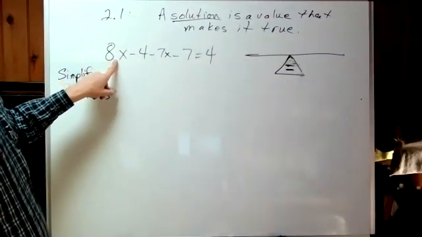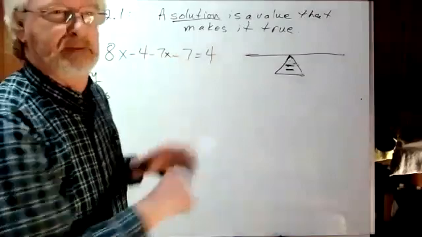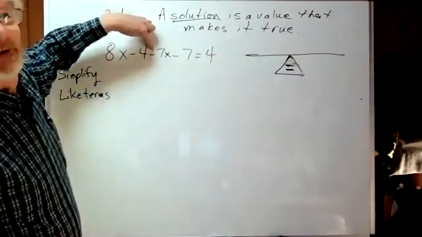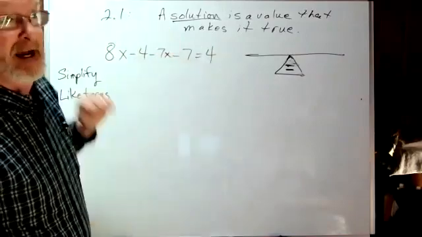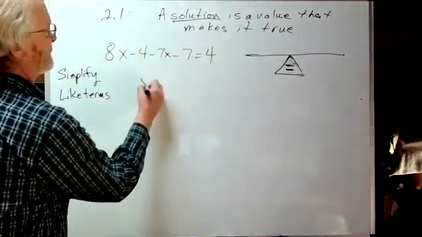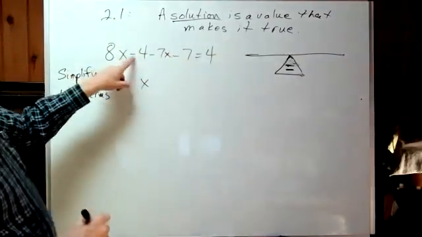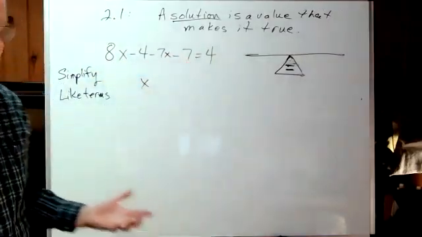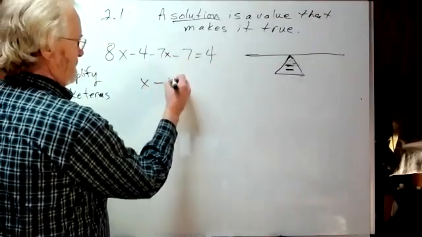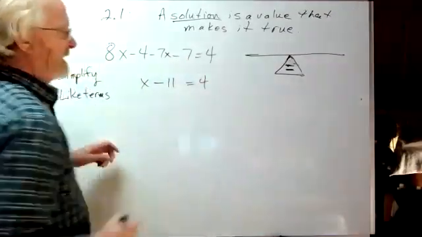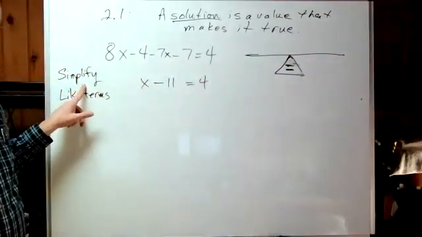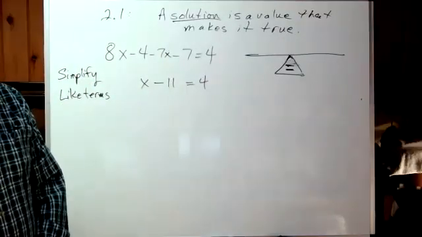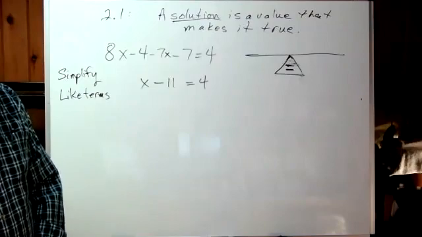Are there any more x's I can just mentally at least put next to each other and combine? 8x plus a -7, or 8x minus 7x means I have 1x left. -4 minus 7 more, -11. There, I've combined the like terms. I've simplified before I'm ready to do this add or subtract process that we're talking about right now.